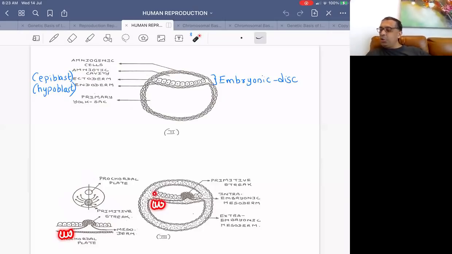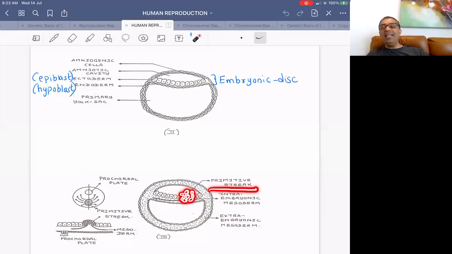at the tail end, some of these tall columnar ectoderm cells break down, and they form a collection of small rounded cells, and this collection of small rounded cells is called the primitive streak.